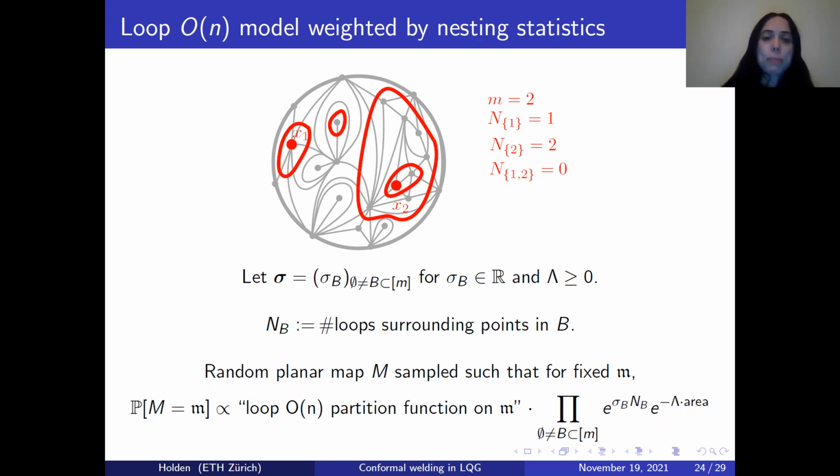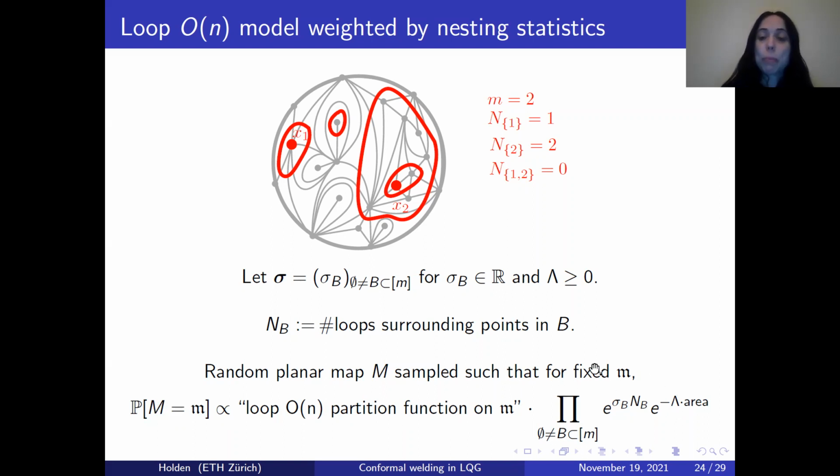For any such subset of points, we also associate a real parameter sigma, and we also have some parameter lambda, which is greater than or equal to 0. Now we are sampling our planar map at random, such that for any fixed planar map, little m, the probability of picking the particular map m is proportional to the O(n) loop model partition function of m.